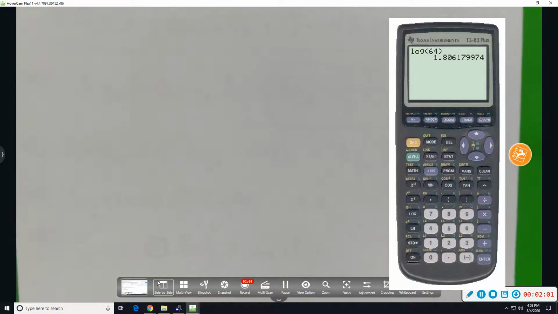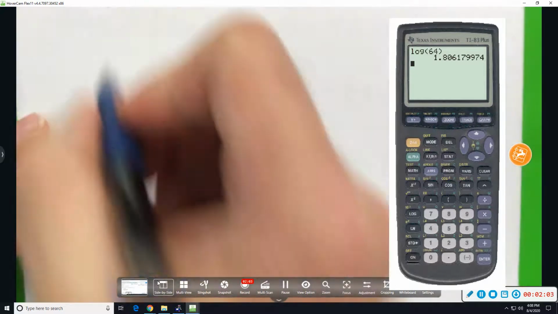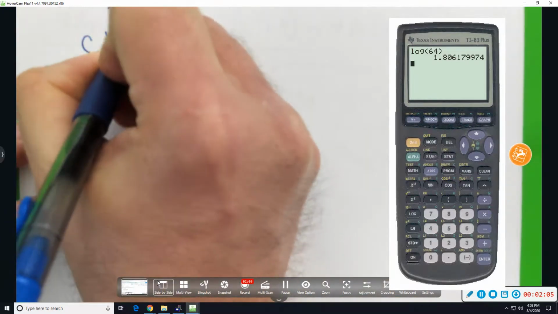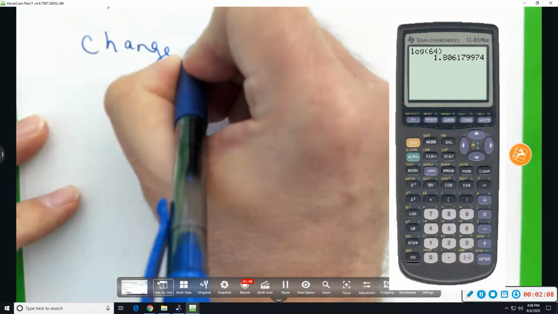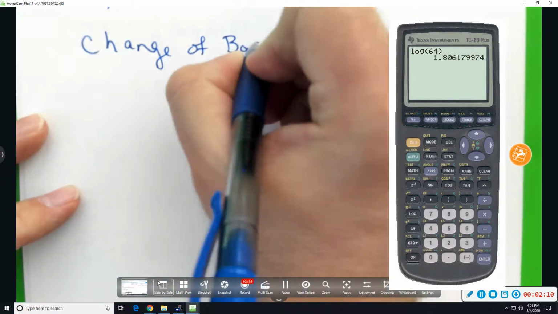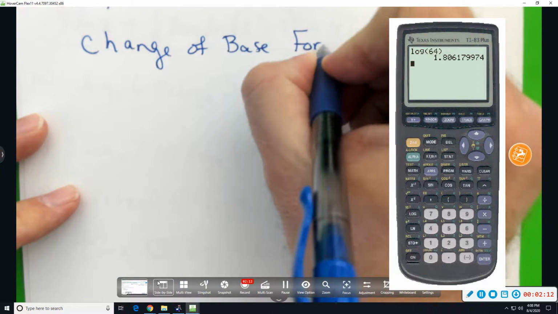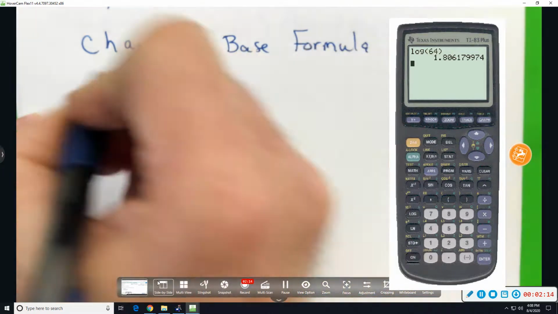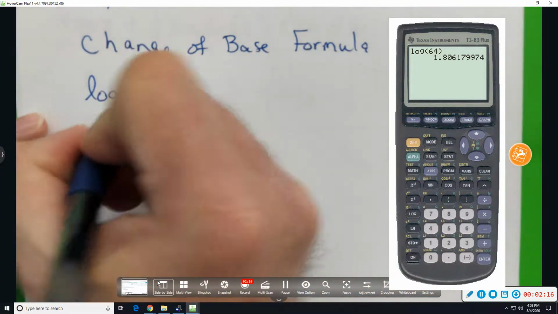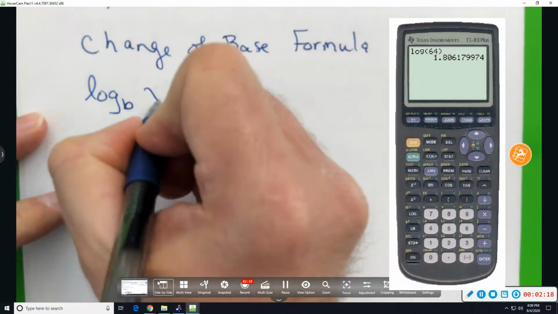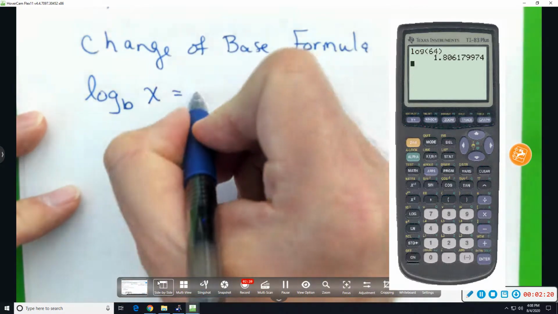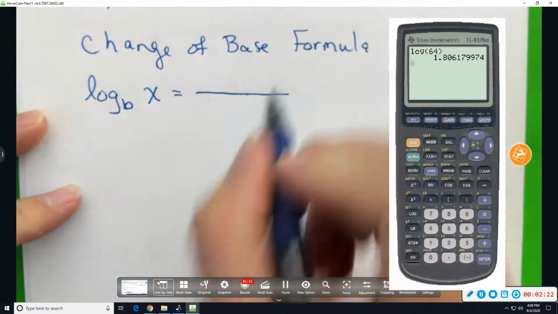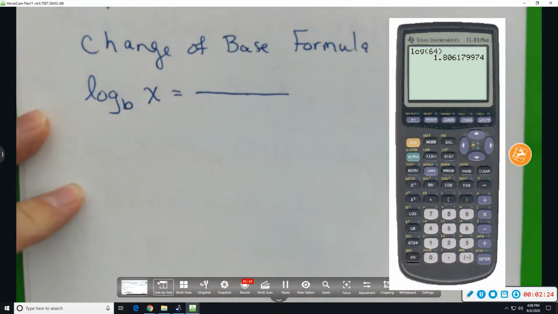Okay. Change of base formula. Log base B of x. You can use either key. It doesn't matter as long as you're consistent.